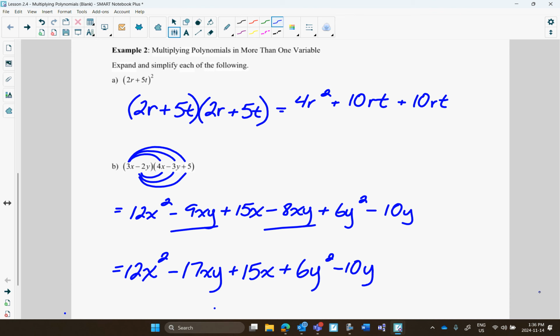And then finally, plus 25t squared. And then I can simplify the 2 in the middle to get 4r squared plus 20rt plus 25t squared.